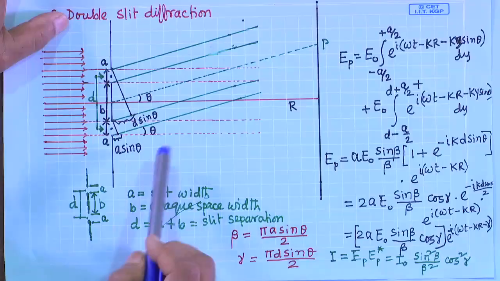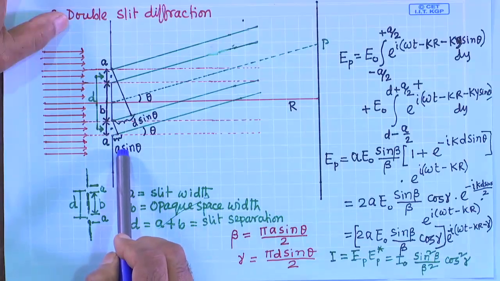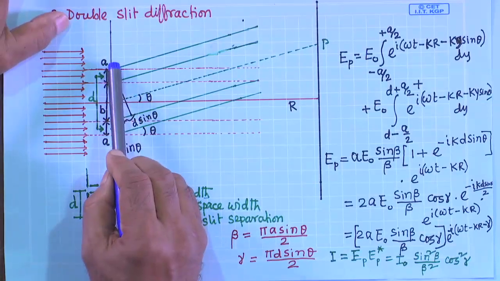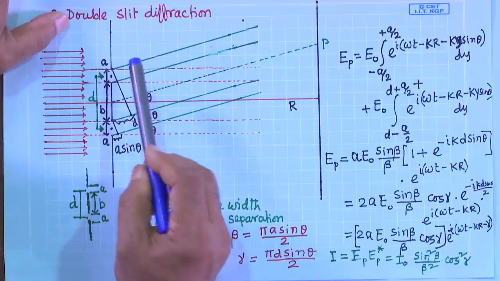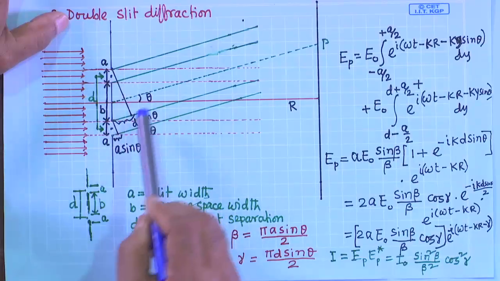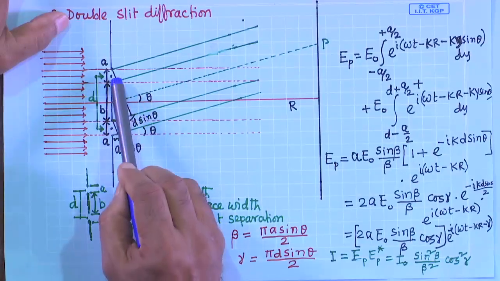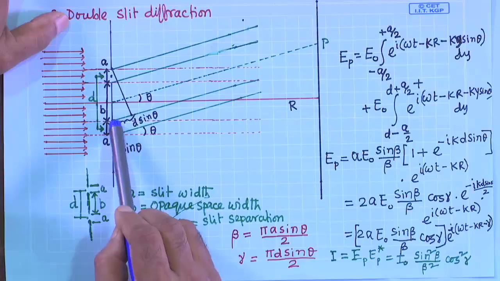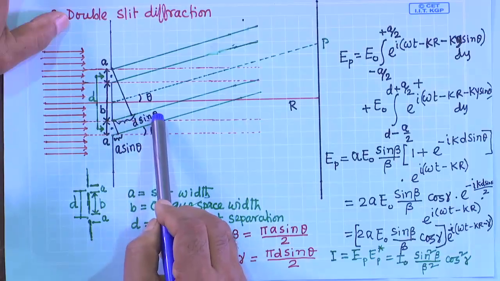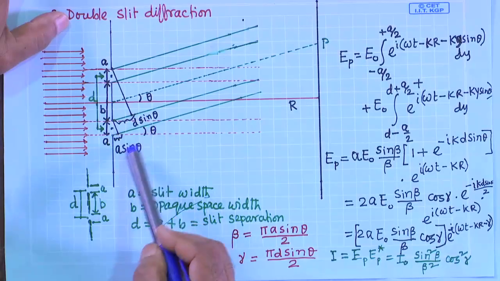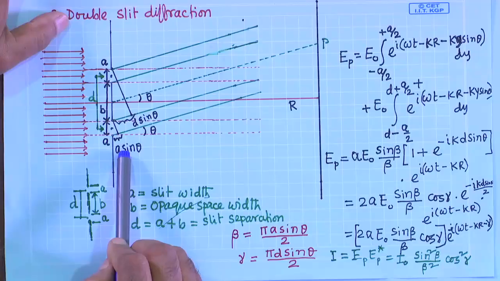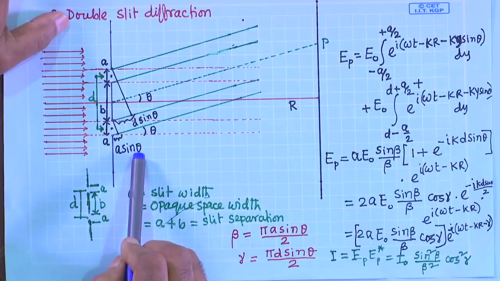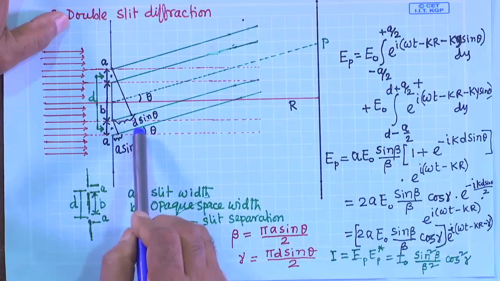The path is increasing, so for this one d sin theta, and for this one you get an additional path, a sin theta plus d sin theta.